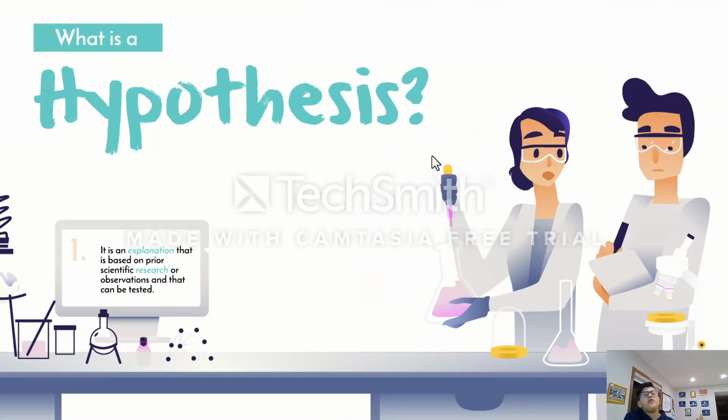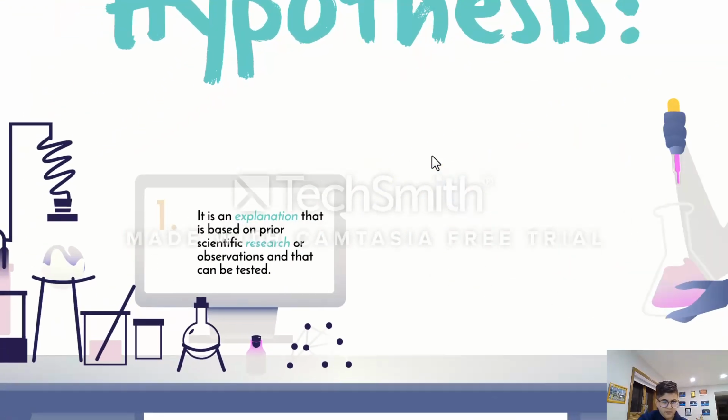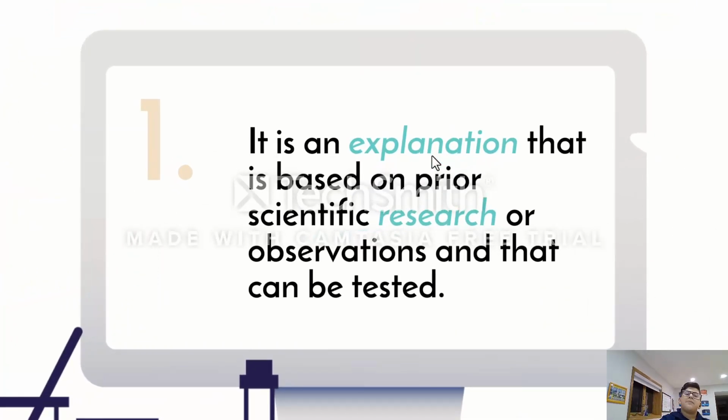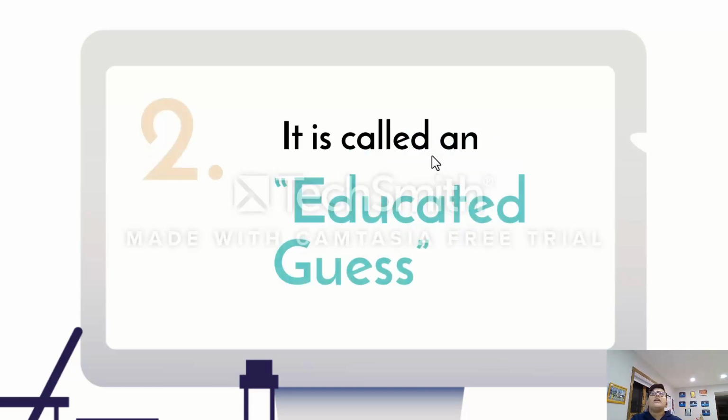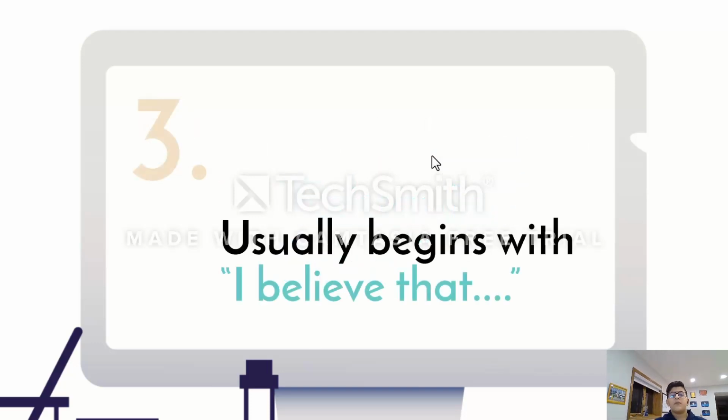Next, you guys might be wondering, what is a hypothesis? It is an explanation that is based on prior scientific research or observation that can be tested. A hypothesis is also called an educated guess, and it usually begins with, I believe that, and so on and so forth.